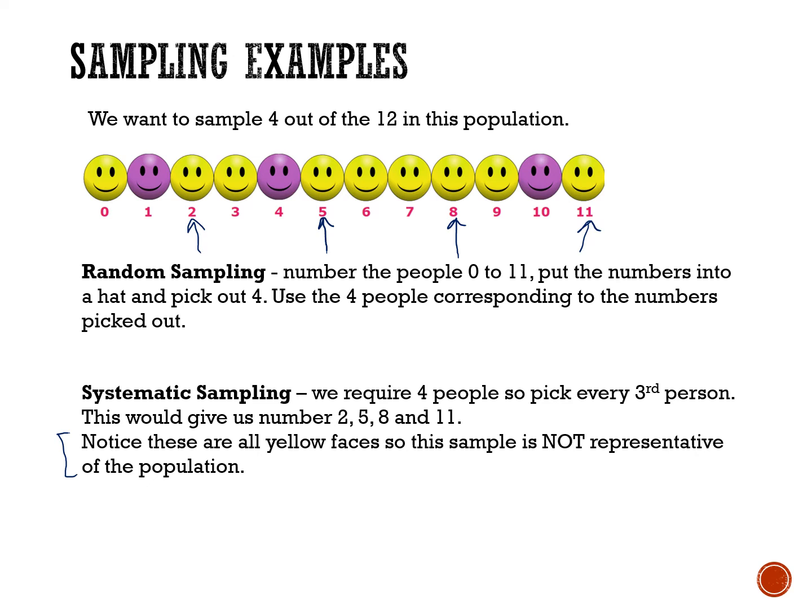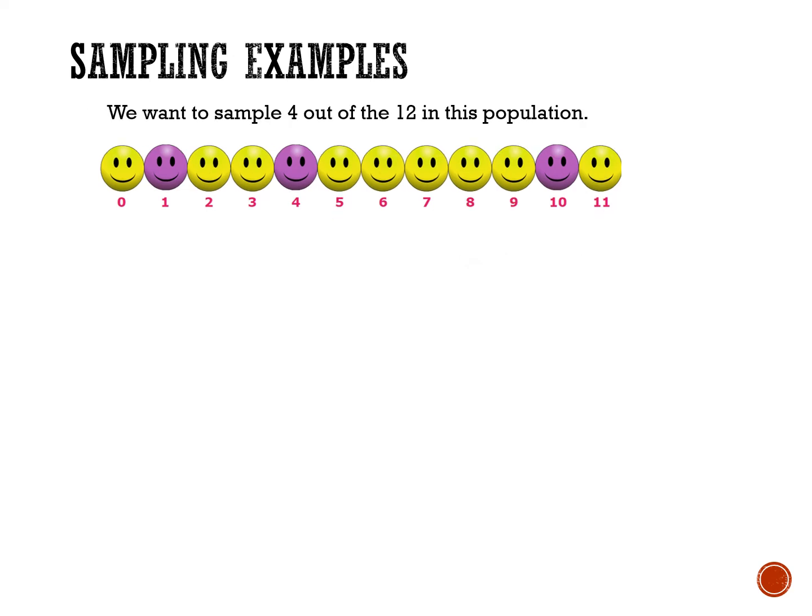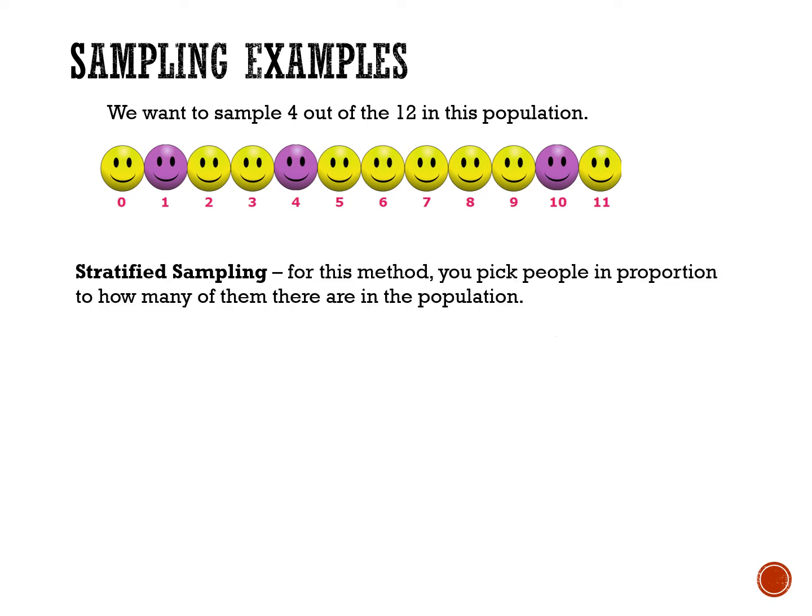So let's have a look at stratified sampling then. Again, we've got the same 12 people there. What we do for stratified sampling, so make sure you understand this, is we pick the number of people in proportion to how many of them are in the population.